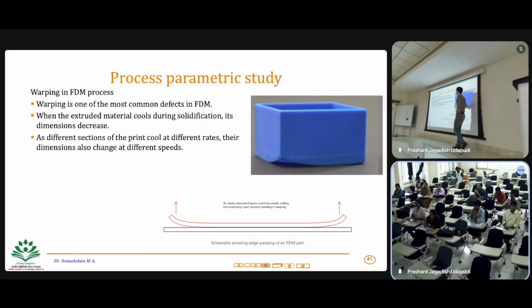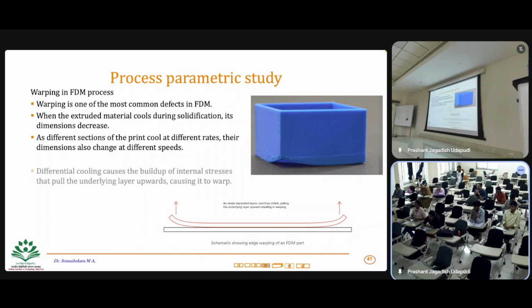That's why you give more temperature for the first 3 layers, so that later you don't need to worry, because once you print the first 3 layers, it will take care of the rest of the component. This is a common mistake, everybody does this.